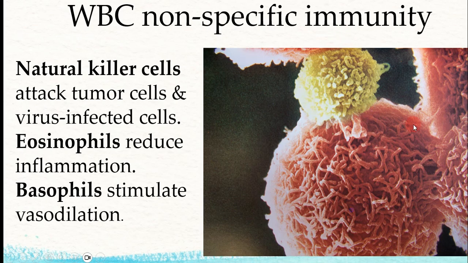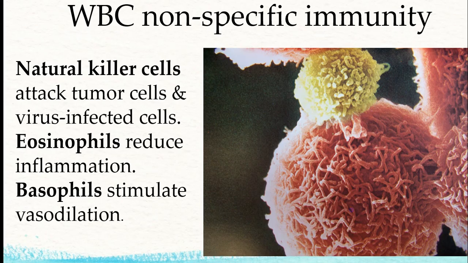I believe this is it, the big one, and it's attacking something smaller, but it will attack tumor cells and virus-infected cells. So our natural killer cells are monitoring our body. Anytime any kind of weird cell pops up, like a cancerous type cell, it will go in there and attack it and take care of it. Okay, so we're constantly attacking cancer cells, and sometimes, of course, if the cancer cells become overwhelming, then you will be diagnosed actually with cancer.